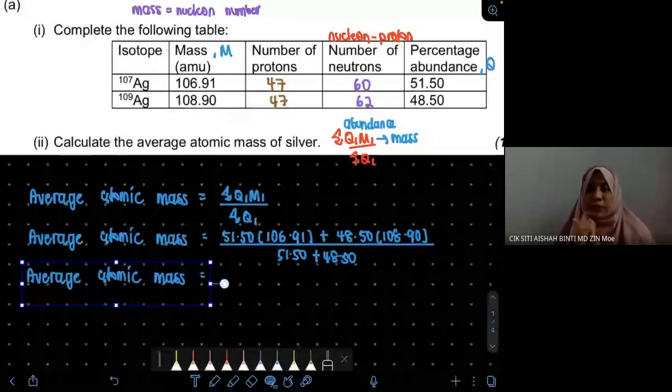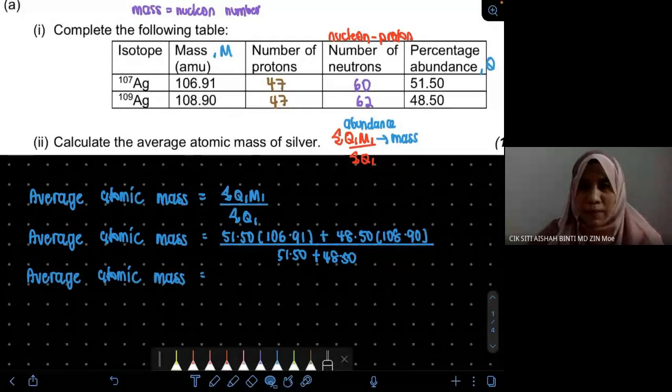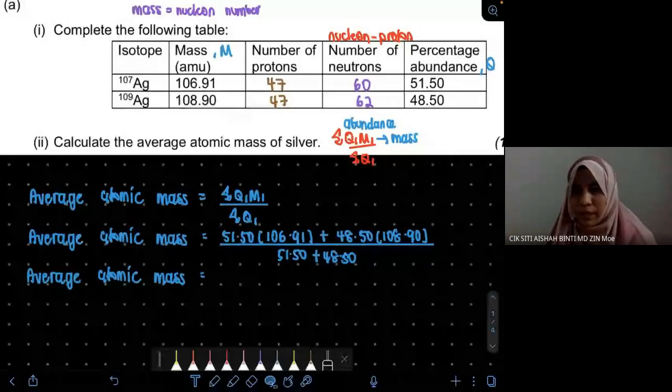Okay, you can use your calculator. Miss wants to find whose name? First round we use girls' names, next round we use boys' names.